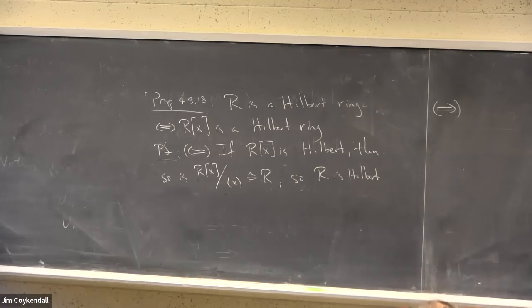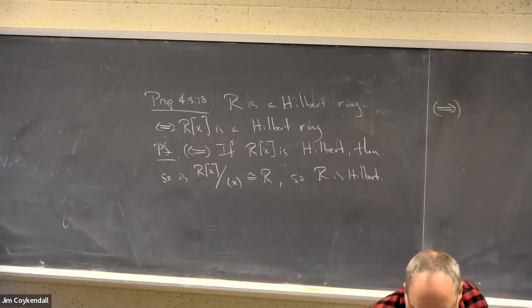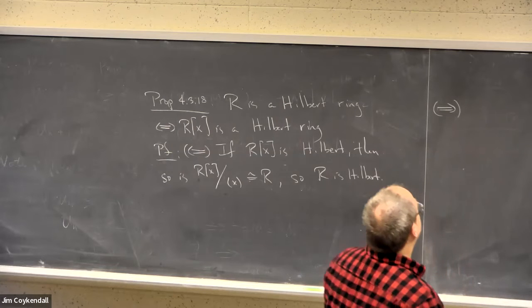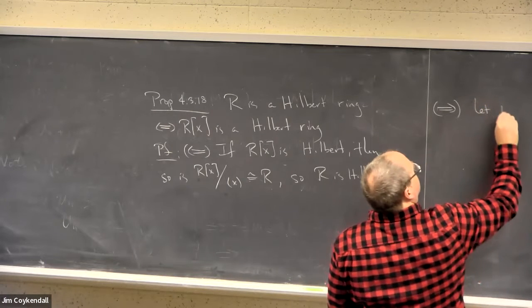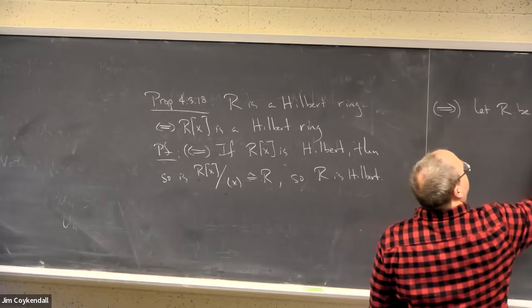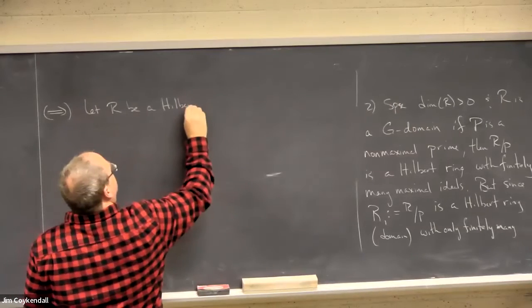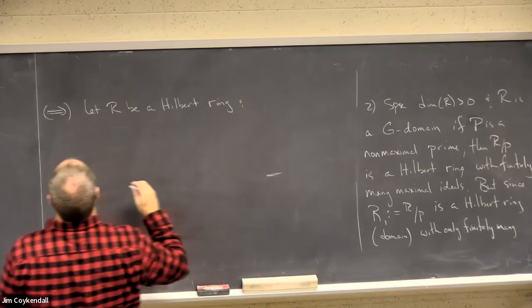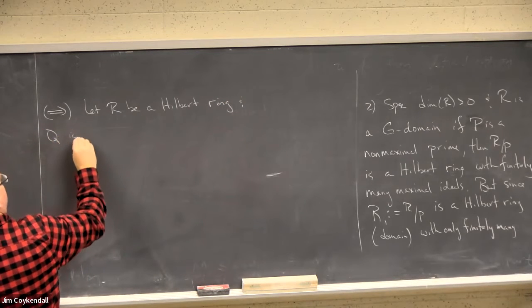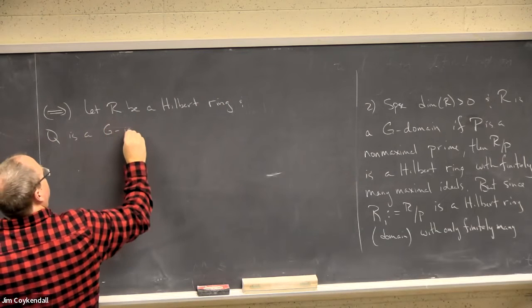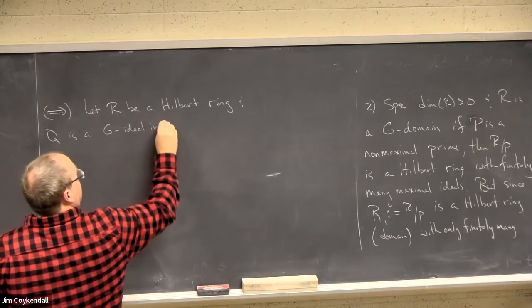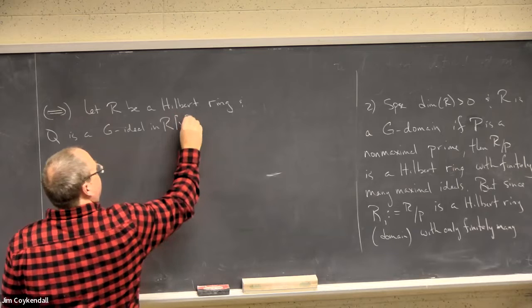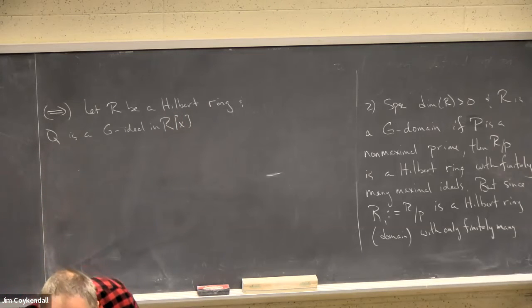For the other direction, suppose that R is a Hilbert ring, and Q is a G ideal in R[x].